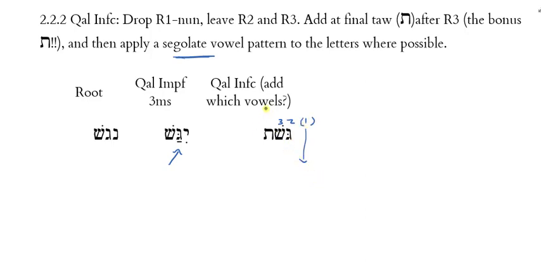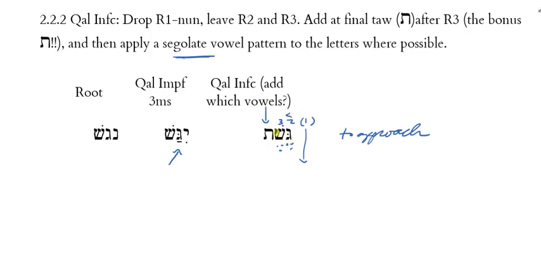I add the bonus tav. I get now 3 consonants. And then what vowel pattern do I adopt? I adopt the segolate vowel pattern, which is double segol. And I accent the first syllable on segolates. Gesheth. Gesheth is to approach. Okay? That's our infinitive construct, to approach.